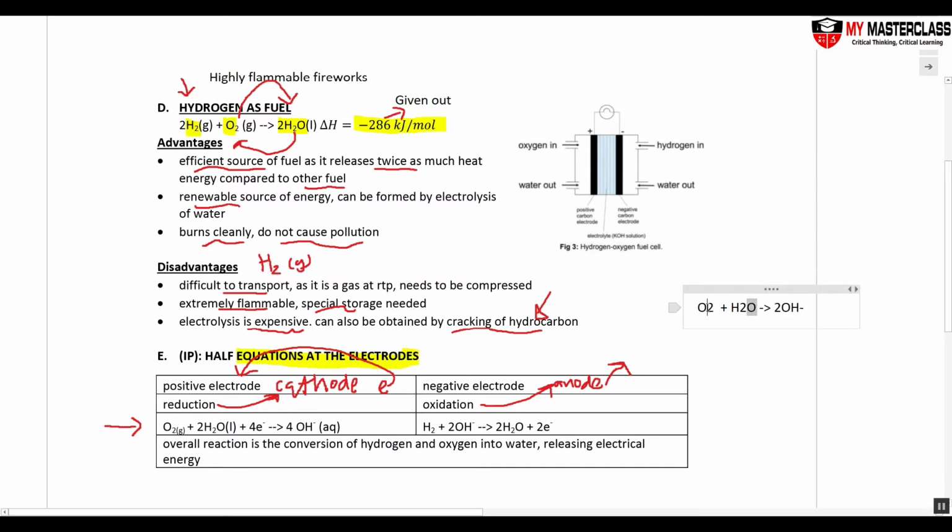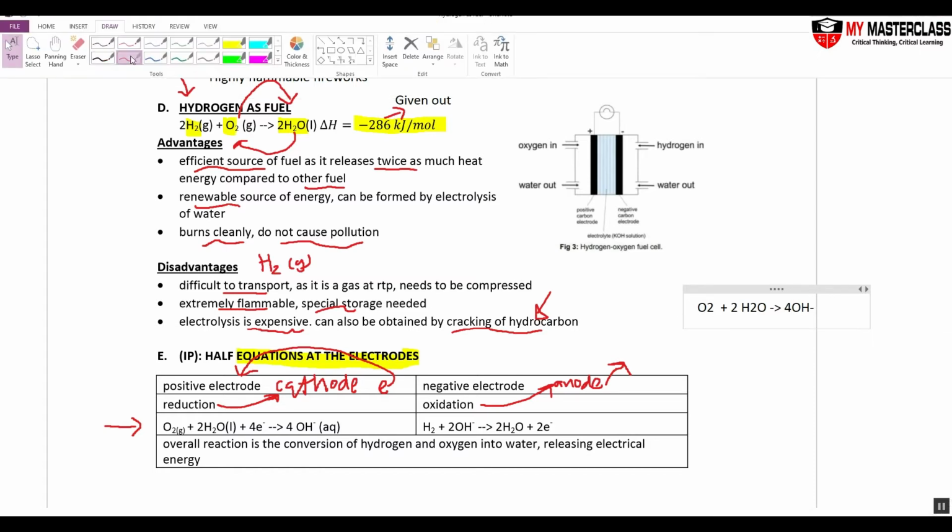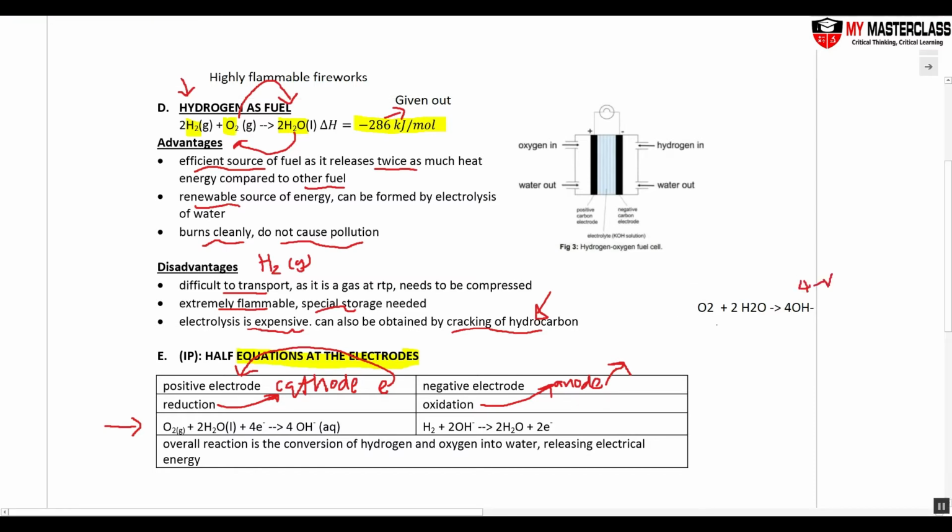Ultimately, I have to put a 2 in front, and the whole thing changes to 4, because there are 4 oxygen in total and 4 hydrogen in total. Overall here is 4 negative, but this side is neutral, so I have to gain 4 electrons on this side. This is my half equation for the reduction: oxygen plus water plus 4 electrons gives me 4 OH minus.